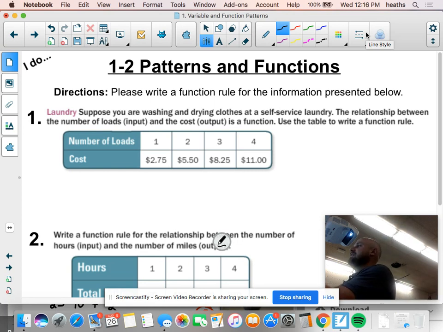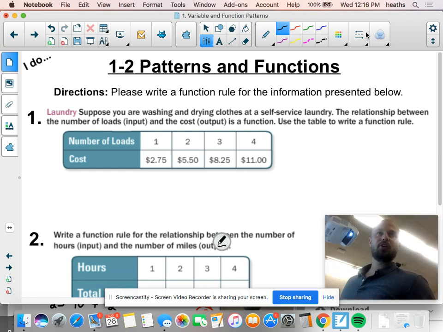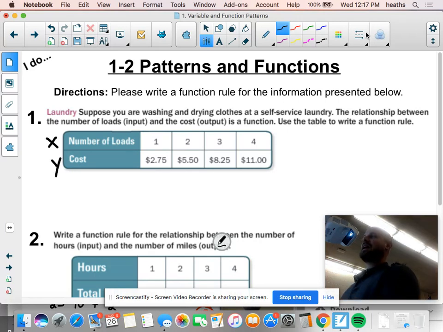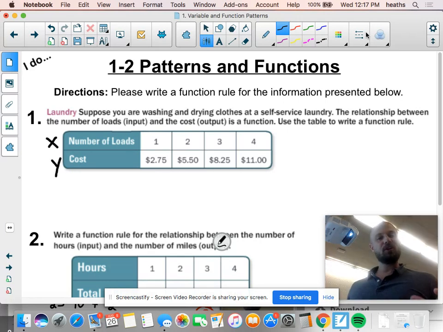So this right here, the number of loads would be your input. But remember, another way of describing the input value is also the X, okay? And then the cost is going to be the output in our function. And the cost or output is also called the Y value. So that hopefully will clear up where things go when writing our function rule.